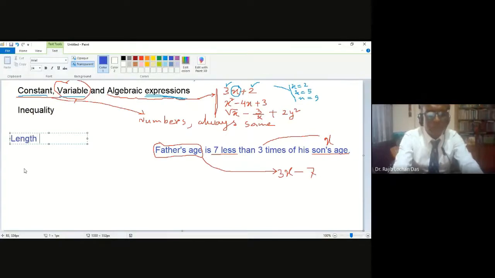The length of a rectangle is 3 more than its breadth.